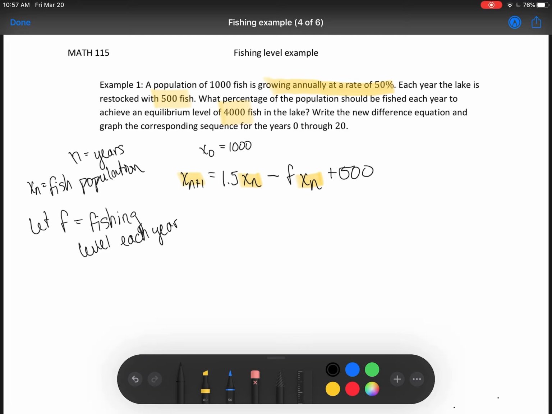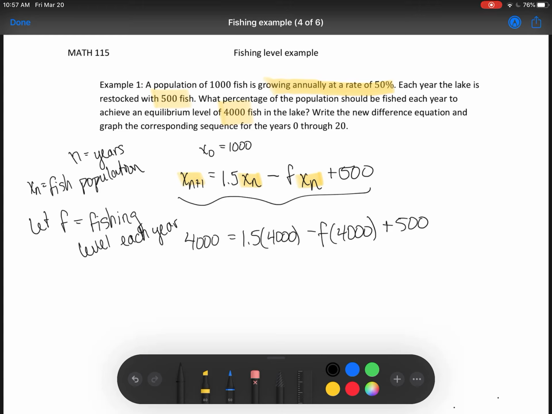Kind of like we replaced x n plus 1 and x n with L. This time we know what the equilibrium level is, so we're going to replace those all with 4,000, plus 500. All right, so now this gives us an equation with one unknown, specifically the unknown is f, so we need to solve for that.